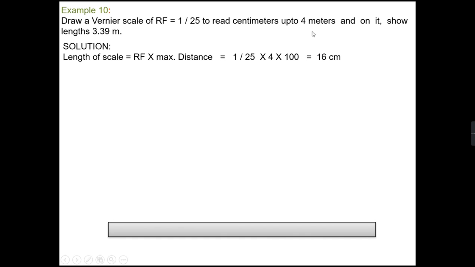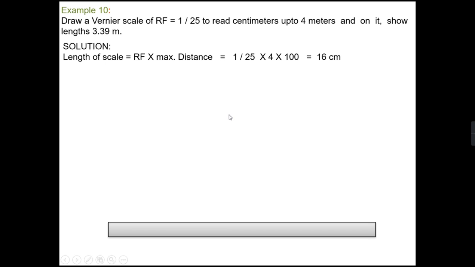Then the least count should be, here you can see it is 4 meters, and we have to measure up to 0.39. So the least count should be, and it is also given in the question, to read up to centimeters.